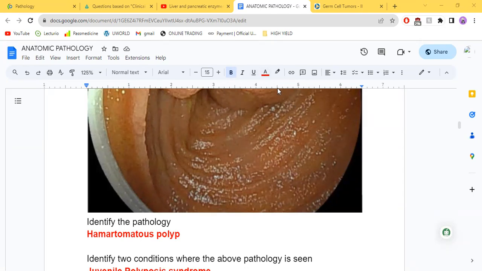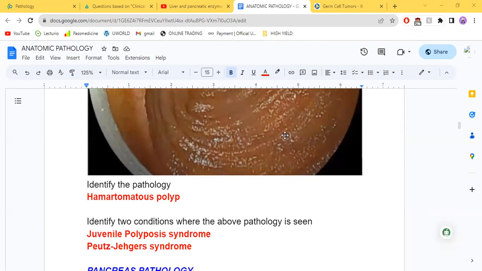Both of these syndromes, maybe someone can put their full names in the chat, Peutz-Jeghers syndrome and juvenile polyposis coli, are autosomal dominant syndromes. Now, juvenile polyposis, as the word suggests, mostly affects children, typically below the age of 5 years old. It features hamartomatous polyps in the colon, stomach, and small intestines.